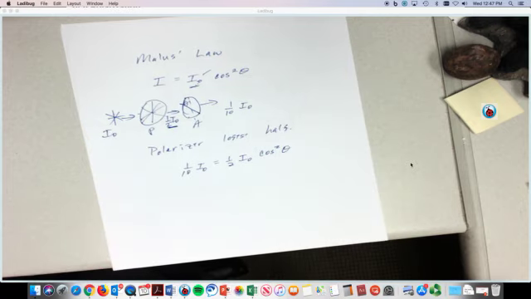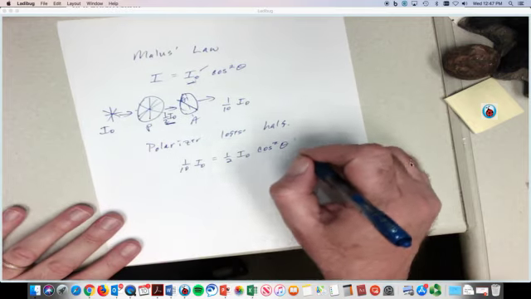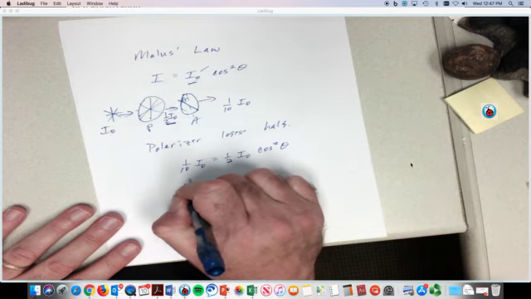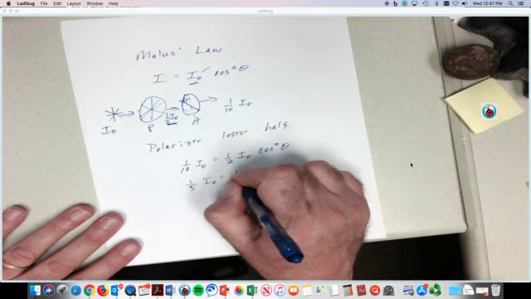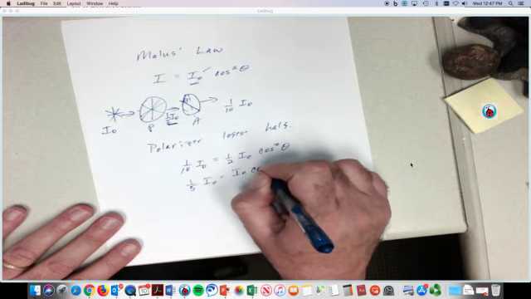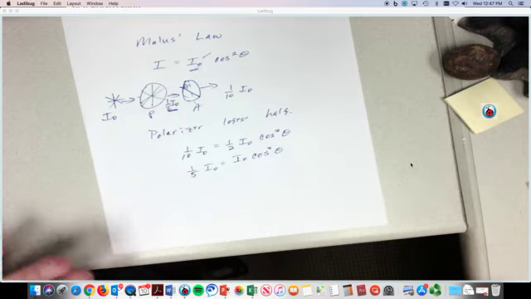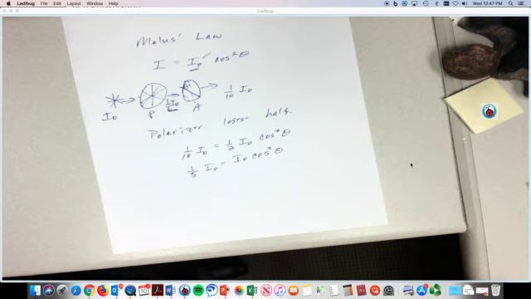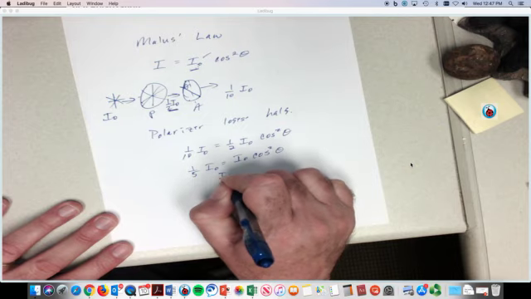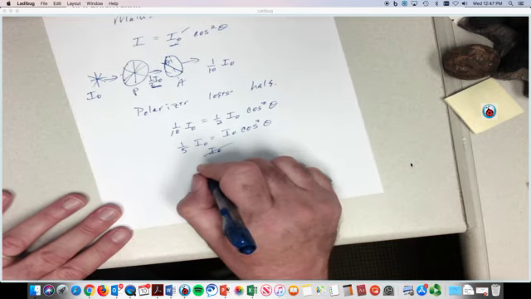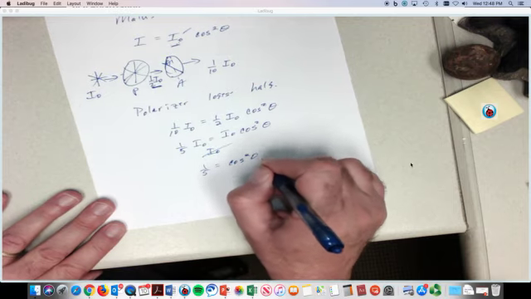Well, it looks like my I naughts cancel, but let's multiply both sides by 2, and we'll get 1/5 I naught is equal to I naught times the cosine squared of theta. So divide I naught out of both sides, and we get 1/5 is equal to cosine squared theta.